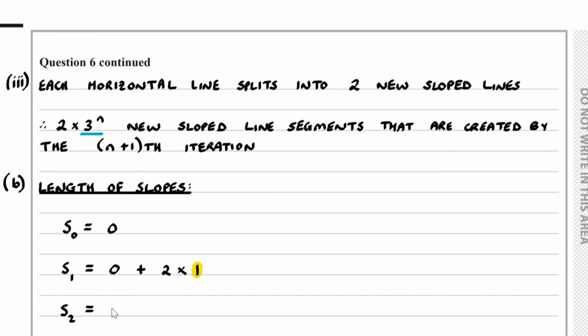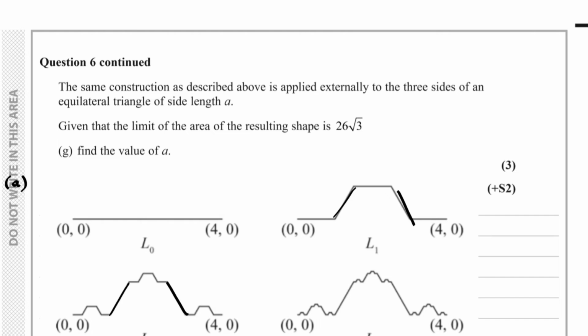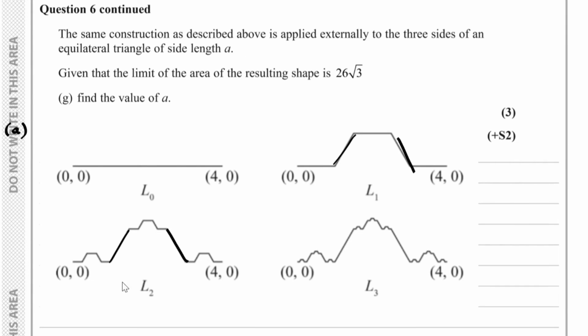So we've got 0 plus 2 times by the 1. But then we've got more slopes. We've got the slopes here as well to think about.